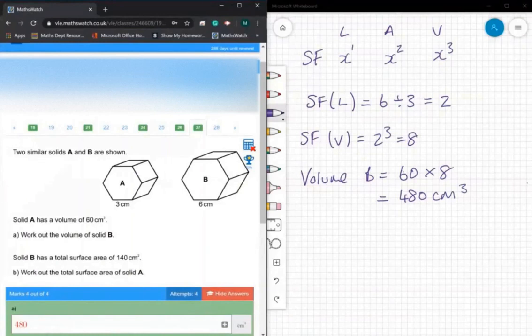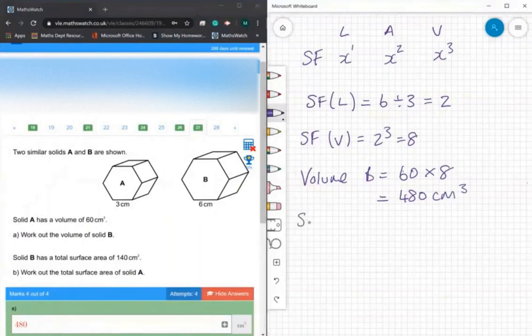Solid B has a total surface area of 140. Let's first of all sort out my scale factor for area. Well, it's the scale factor for length, which is 2 squared, so that'll be 4.